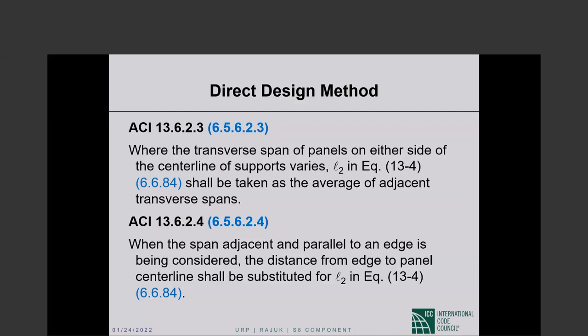When the span adjacent and parallel to an edge is being considered, the distance from edge to panel center line shall be substituted for L sub 2. So if you don't have a panel center line on the other side but an edge, you will go from panel center line to the edge.